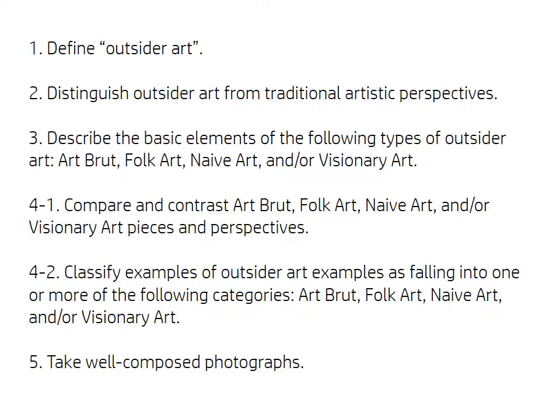I did think that the next learning outcome, comparing and contrasting, and the one after that, classifying examples, are both superordinate to 1, 2, and 3. That is, you have to learn 1, 2, and 3 first.